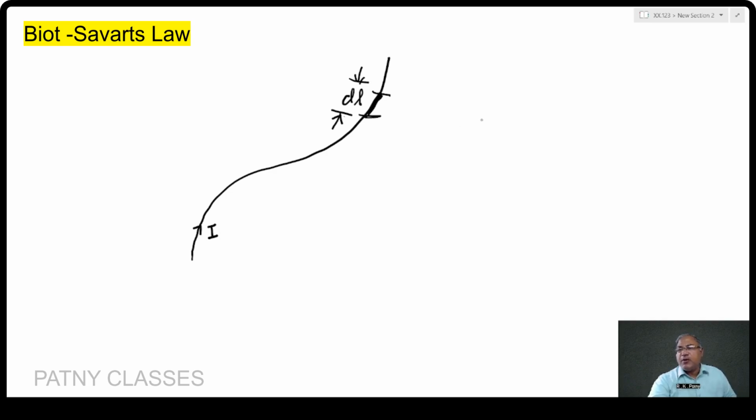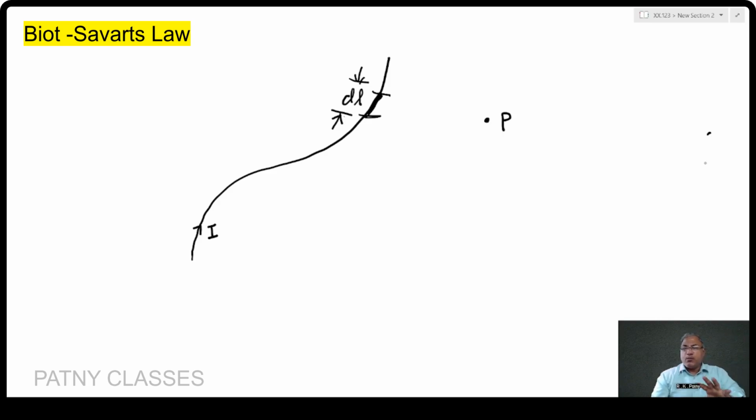So let us select a particular point. Let us say this is the particular point P here. Why did I select it here? I can select it within the region of influence. You cannot select somewhere like this, where the wire is here and you select a point 3 meters away. That will not work.